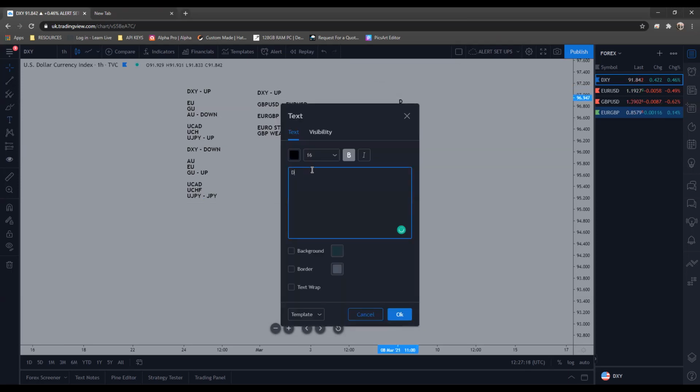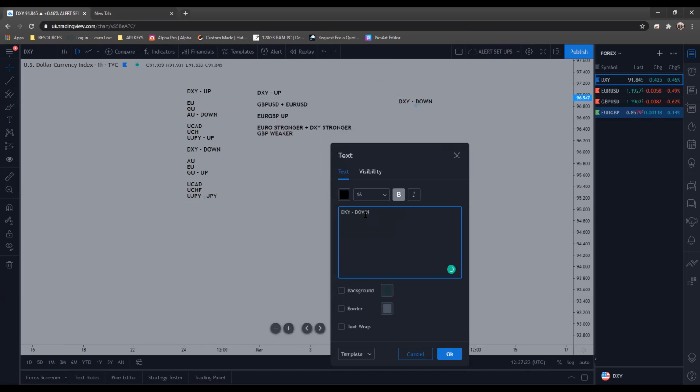Now, if Dixie's going down, what's going to happen with GBP USD and Euro USD? Up.